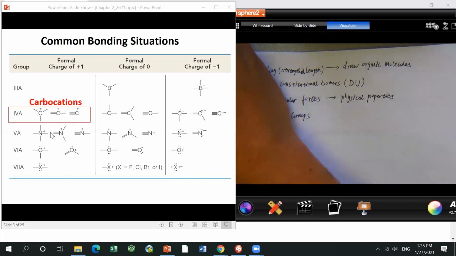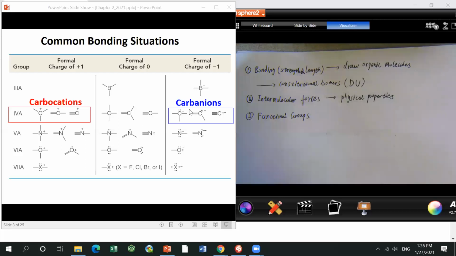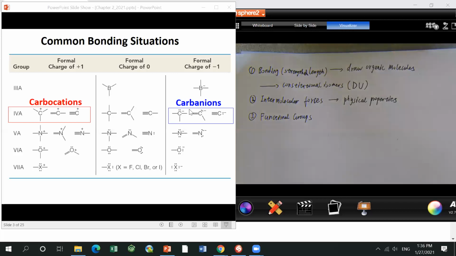All right, for the positive charge carbon, people call it a carbocation. You'll see it quite often in our organic chemistry. For the negative charge carbon, I've heard different pronunciations. Some professors call it one way, some call it another.